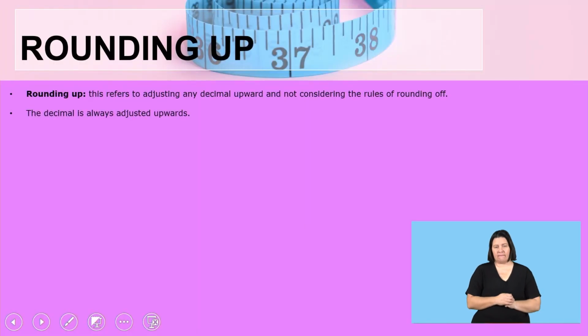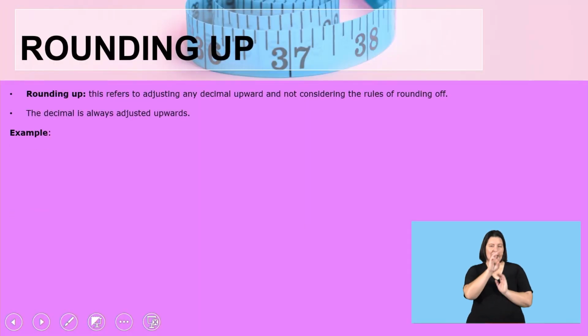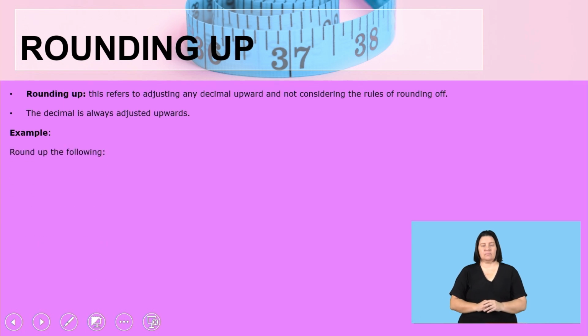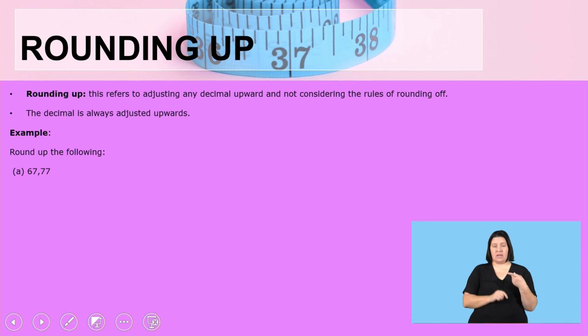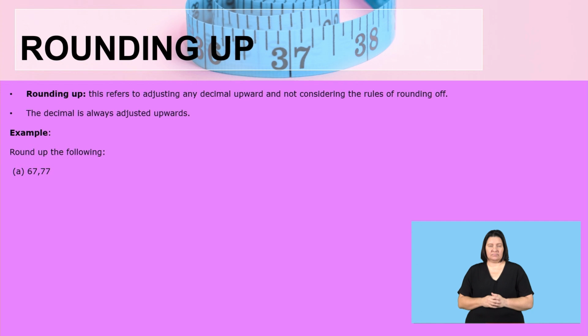So let us have a look at this example. The first example is: round up the following. Number 1, we have to round up 67,77. Remember, I said once we say round up, you always make sure that you adjust the unit upward.